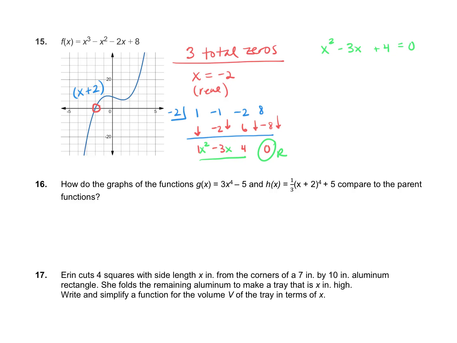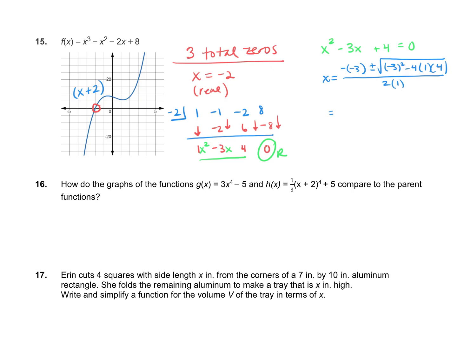So quadratic formula, x equals -b, so we have a -(-3), plus or minus the square root of b squared, so (-3) squared, minus 4 times a times c. Remember, you have a, b, c. This is all over 2 times a, which is a 1.